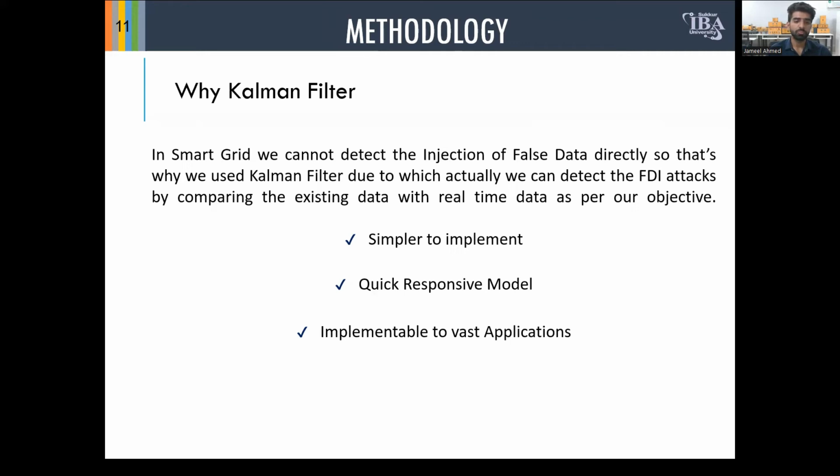So that's why we preferred the Kalman filter, due to which we can detect the FDI, which means false data injection attacks, by comparing the existing data with the real-time data, as per our objective. Also, it is very simple to implement, and it is a quick responsive model. It is applicable to vast applications.